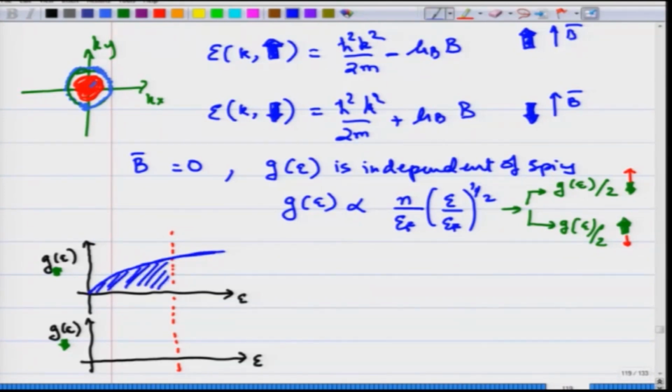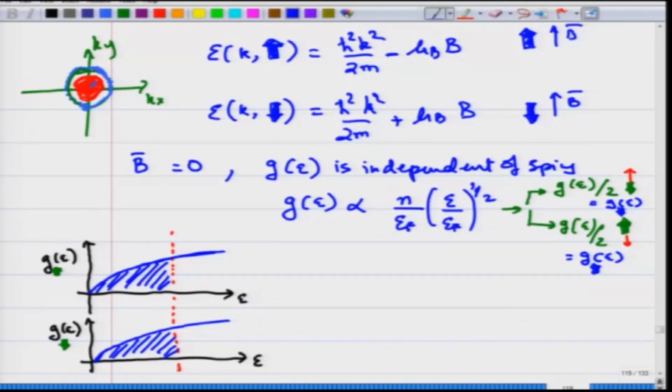These are all occupied states. This is the density of states for spin down, namely G(E) for magnetic moment down, and this is the density of states for magnetic moment up. I have just plotted that both of them are going to go as E raised to half, and it is equally distributed, half the number of particles spin up, half spin down.